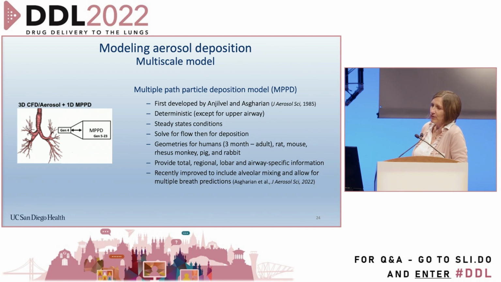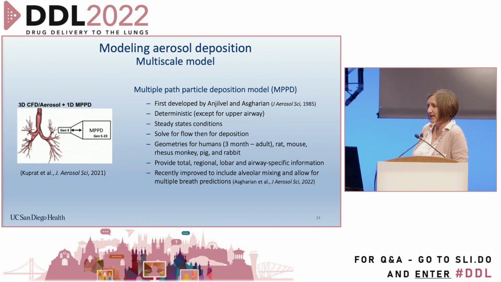The multiple-path particle deposition model that we use is deterministic. It's used right now for steady state conditions, and it can provide total, regional, lobar, or even airway-level specific information, which we recently improved to include a more realistic alveolar mixing of the aerosol being breathed in, and also to allow more than one breath simulation.